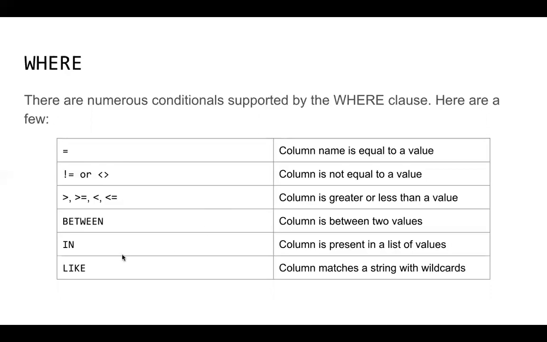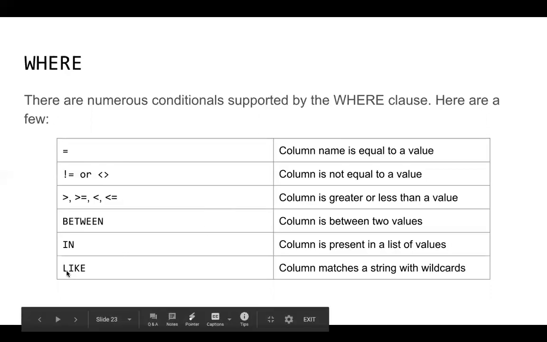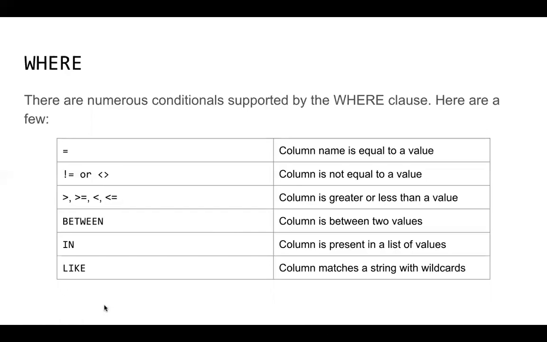And if you want to match a pattern, you can use like. So if you wanted all your email addresses where it's Comcast, you would say select all from emails where email address is like, and then you'd probably do star@comcast.net.